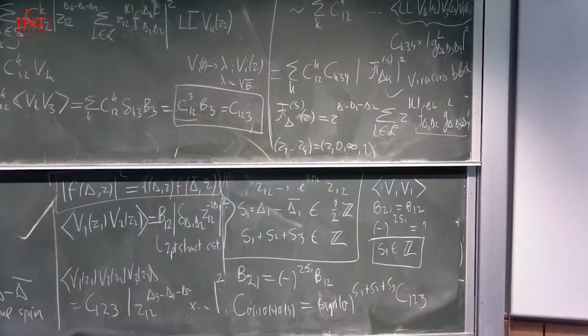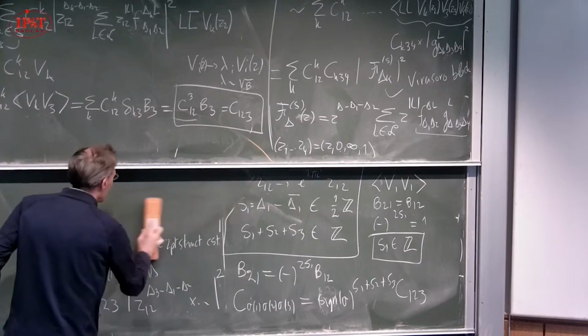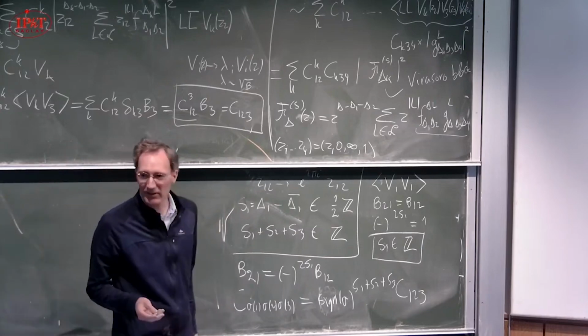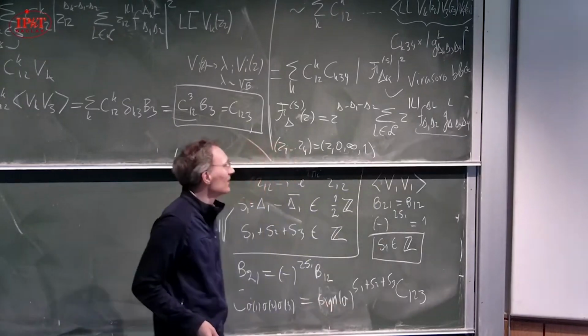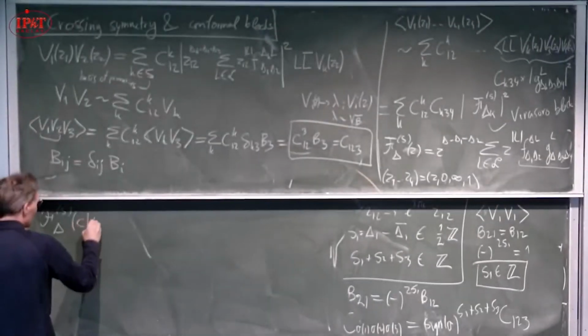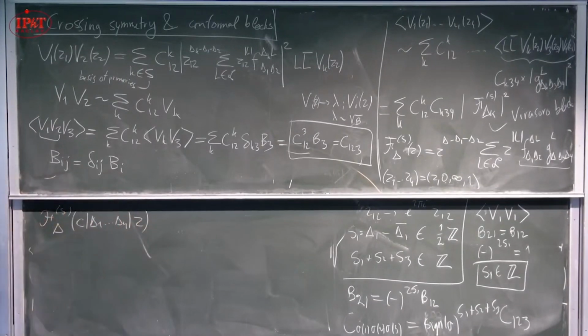They're just functions of data. Well, they depend on the conformal dimensions Δ. They also depend on the central charge. So to be explicit, this Virasoro block depends on the central charge, it depends on Δ1 to Δ4, and it depends on z.